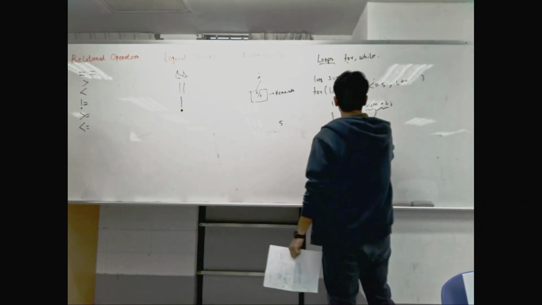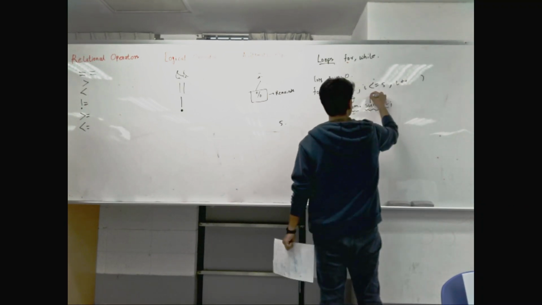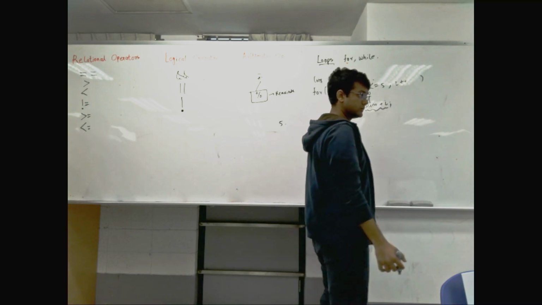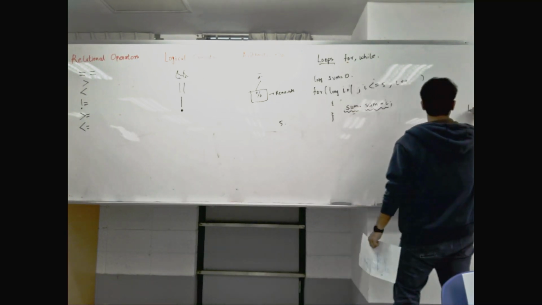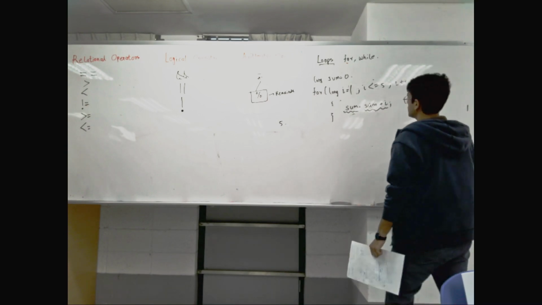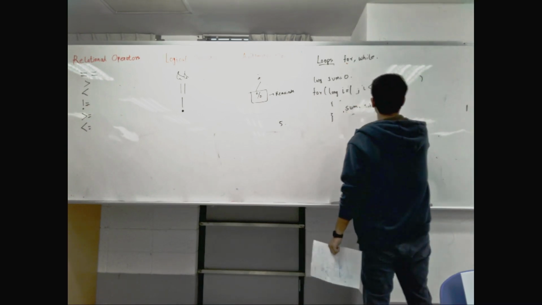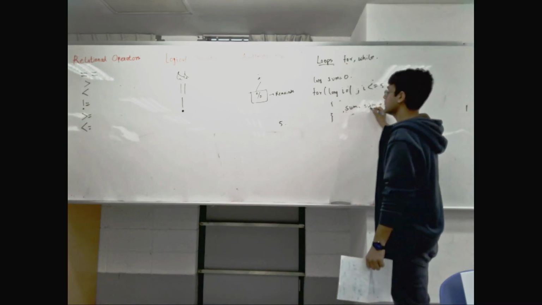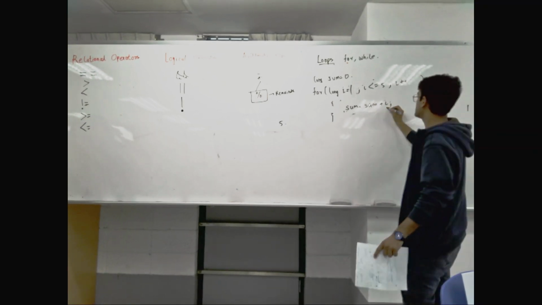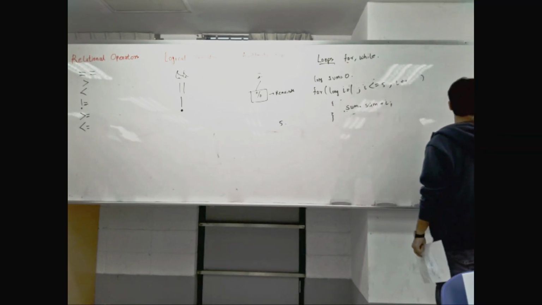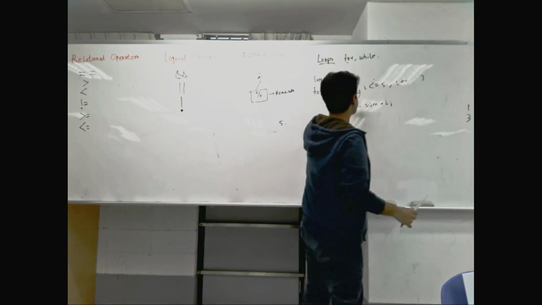So sum at this moment is 0. 0 plus 1 is 1. So in the first loop, 1. Then next loop, the value of sum is 1, 1 plus 2 is 3, I has become 2 now.